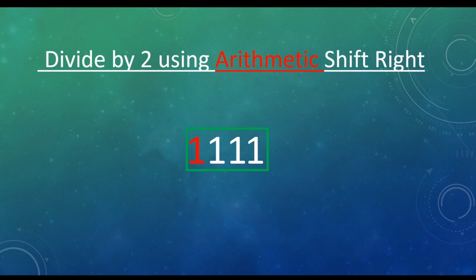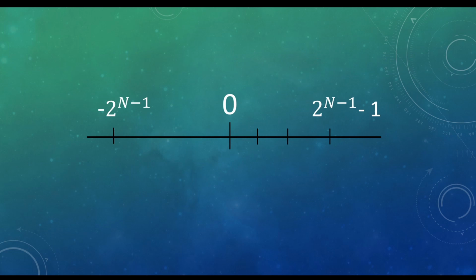A nice special case would be -1. On a system of any number of bits, -1 will always be the number that has all the bits set as 1. When we do arithmetic shift right, we get -1 again. Strange? Not really. We have to remember that we are doing the floor operation on the division. So when looking at positive numbers, we get the floor of the number divided by 2, and floor will always give us a smaller or equal number.